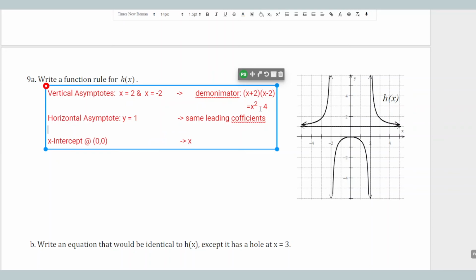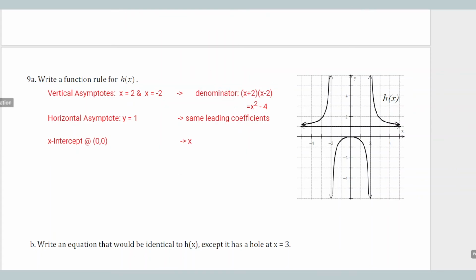Oops, can't spell there. Denominator. Wow, okay, let's fix that up. Okay, so you might think, let's see, my function should be h of x equals x over x squared minus 4.